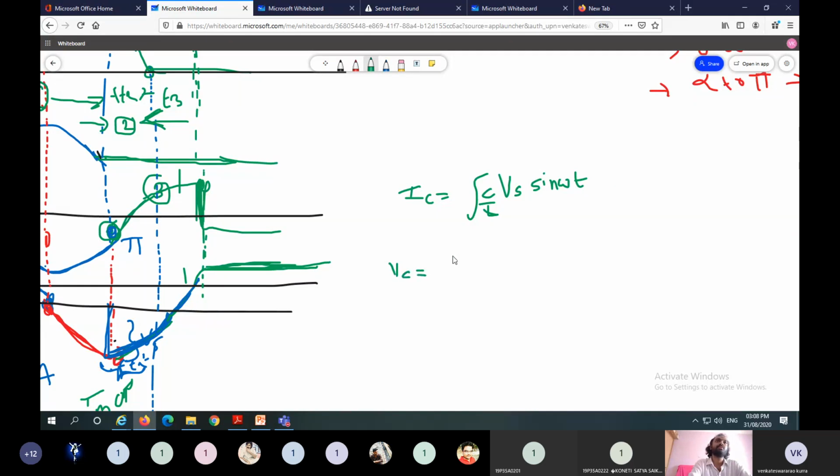Vc is equal to 1 by C integral of I dt, which is 1 by C times the integral of root of C by L into Vs sin omega t.